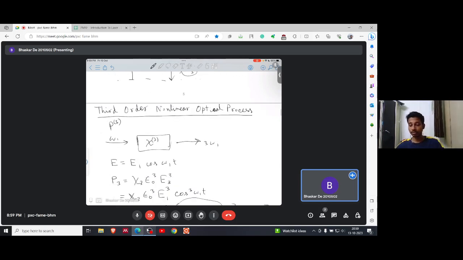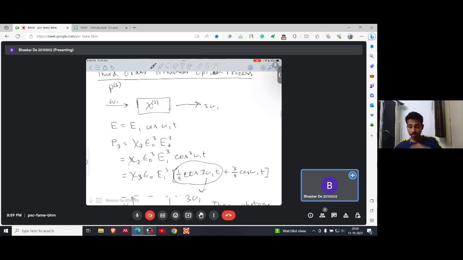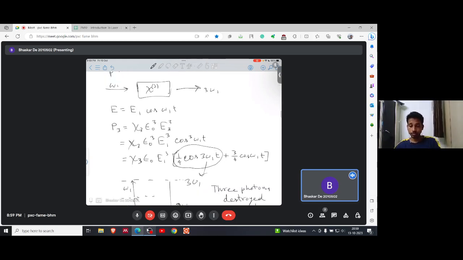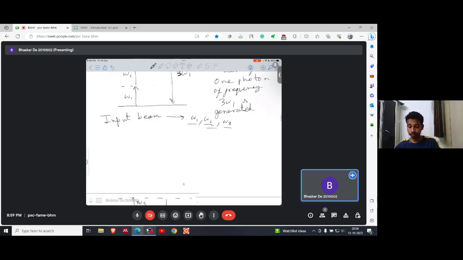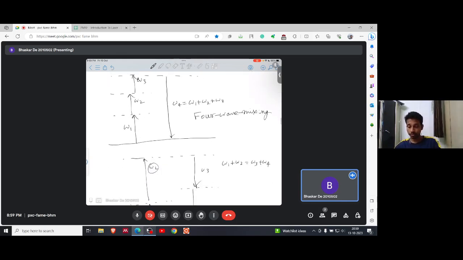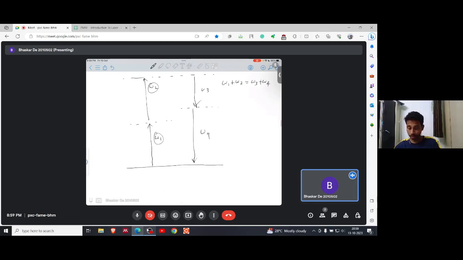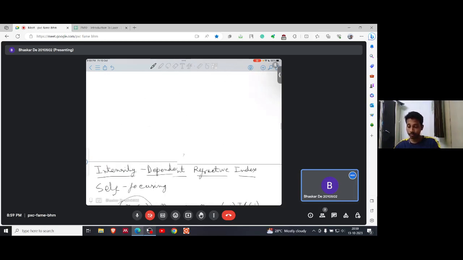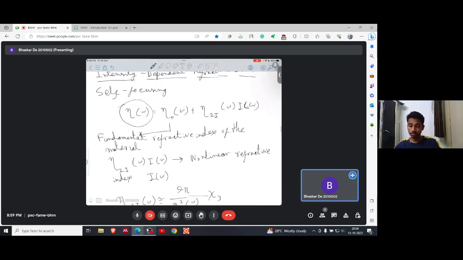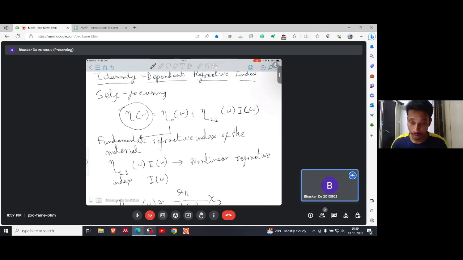Then we have the third order nonlinear optical process, where we use one frequency omega 1 and get 3 omega 1, and from there we have four-wave mixing, where we use three different frequencies omega 1, omega 2, and omega 3, and we get omega 4 as the four-wave mixing signal. And then we have the intensity dependent refractive index. So these are the main nonlinear effects.